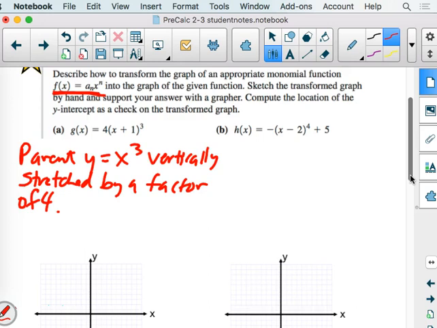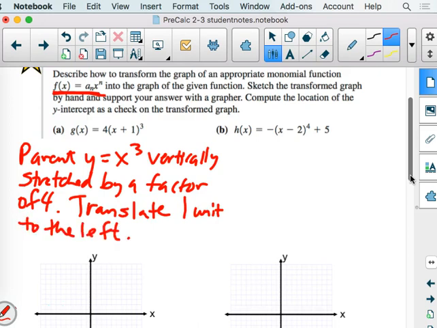But this one has a translation also, doesn't it? Where's it going to go? Translate 1 unit to the left. So like I said, we go after this a little bit differently when we're graphing because we always take a along for the shape.